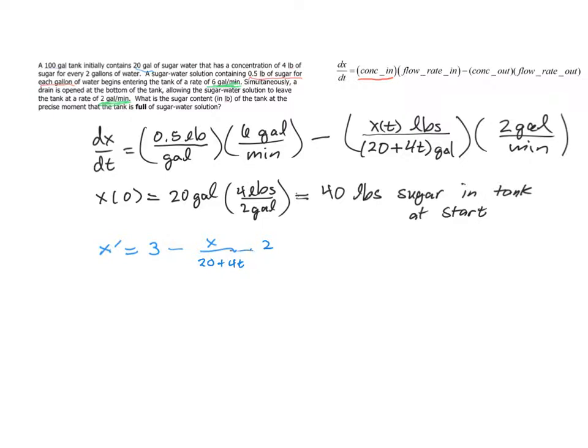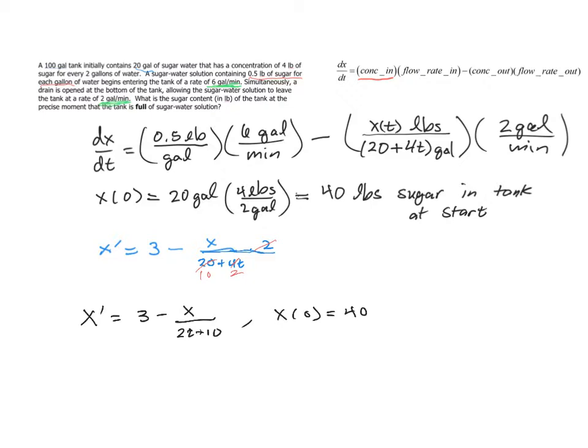So our numerator is 2x over the 40 plus 2t. And we could actually divide the numerator and denominator by a 2 to get a simpler differential equation. So our equation is going to be x prime is equal to 3 minus x divided by 2t plus 10, with initial condition x of 0 is equal to 40.